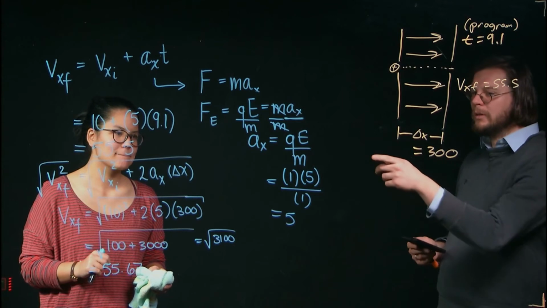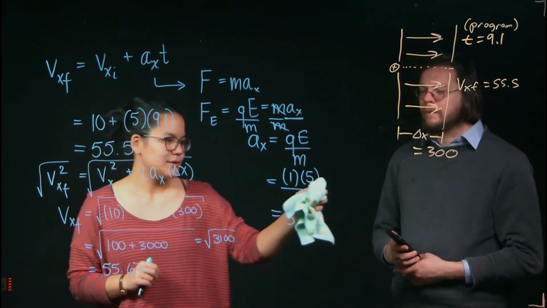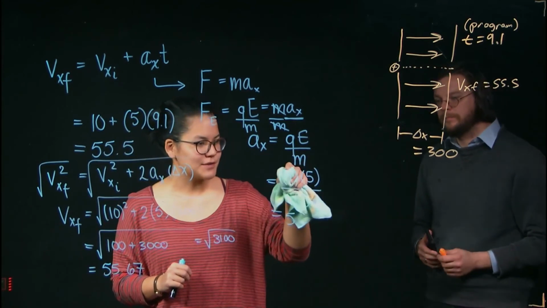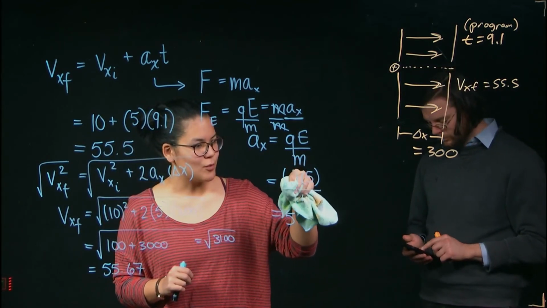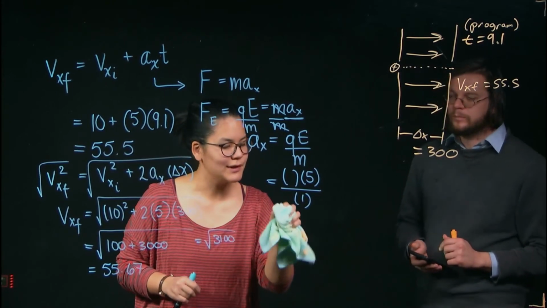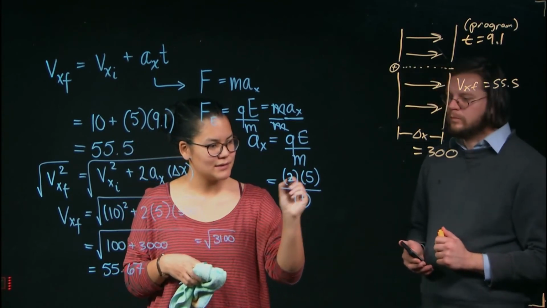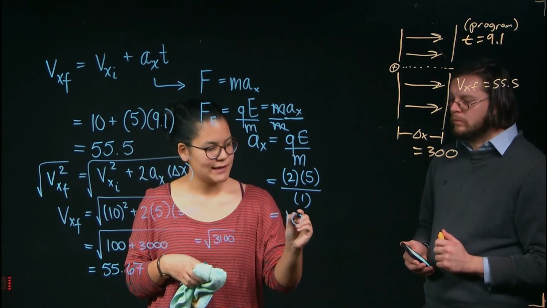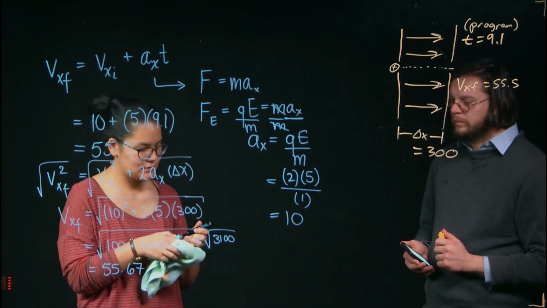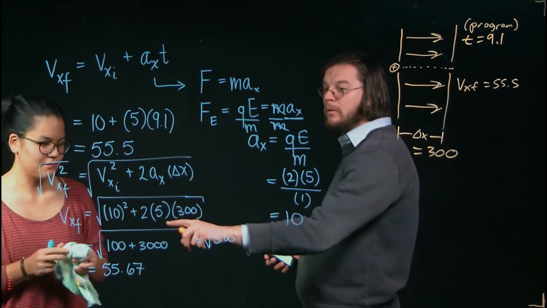So how does the acceleration change if we increase the charge? If this Q goes from 1 to 2, while keeping the same mass, then we just have 10. So then we can change this to a 10.